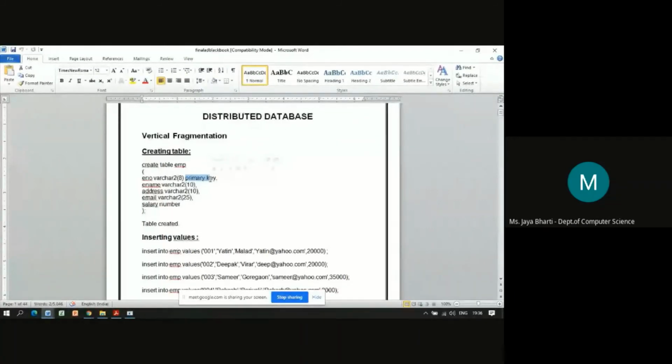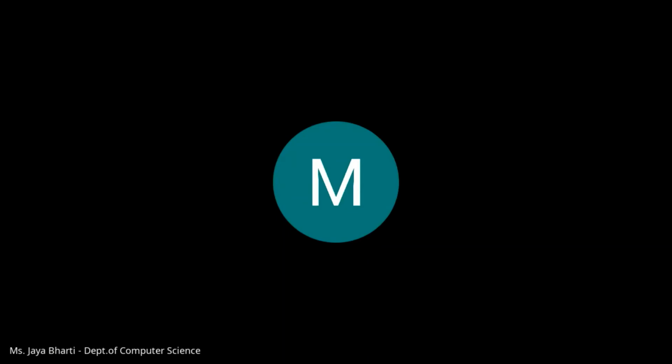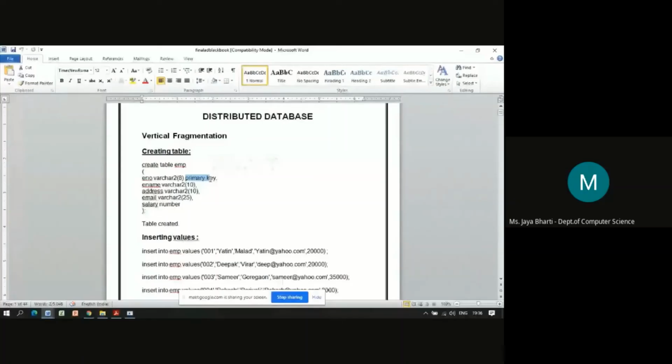What is the use of the not null constraint? To ensure that the column doesn't have any null values. Yes, so it has to insert some value into it. Okay, so that is the not null constraint. Then you have the check constraint.